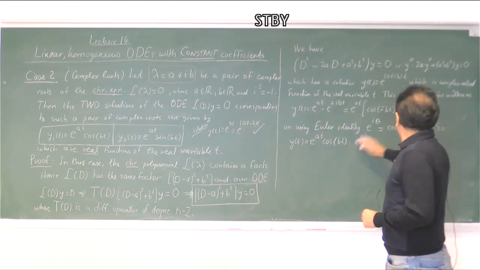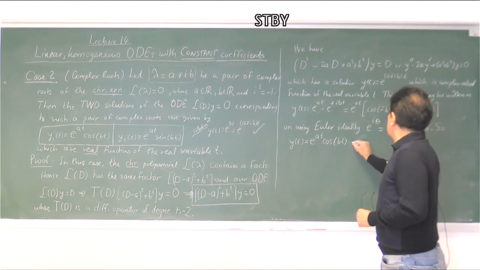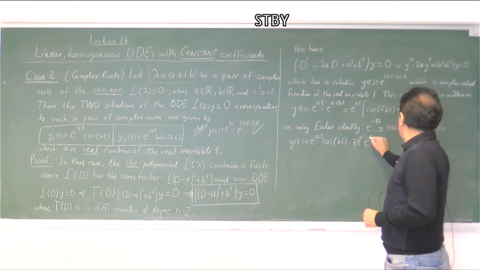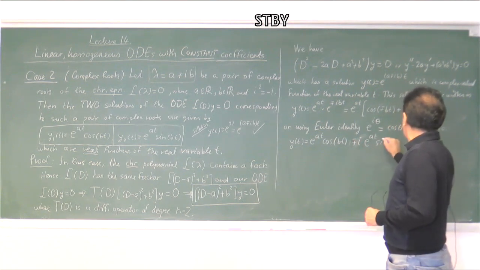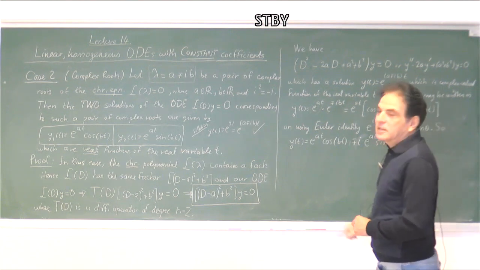Therefore, we have here plus or minus i times e to power at sine bt. Yes?